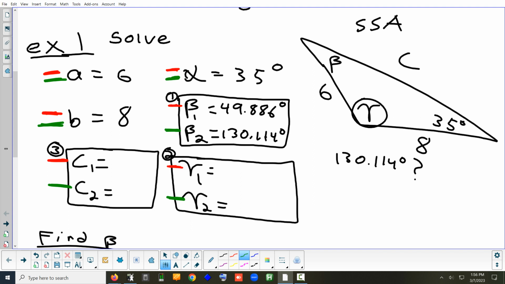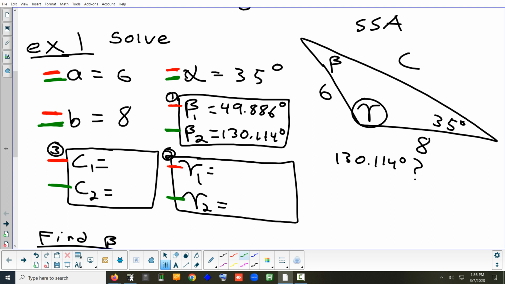All right, so now we've got beta 1 and beta 2. Before we keep going, any question on how we got beta 1 and beta 2? All right, let's do gamma 1. What angles am I going to add together and subtract from 180 to get gamma 1? 35 and 49.